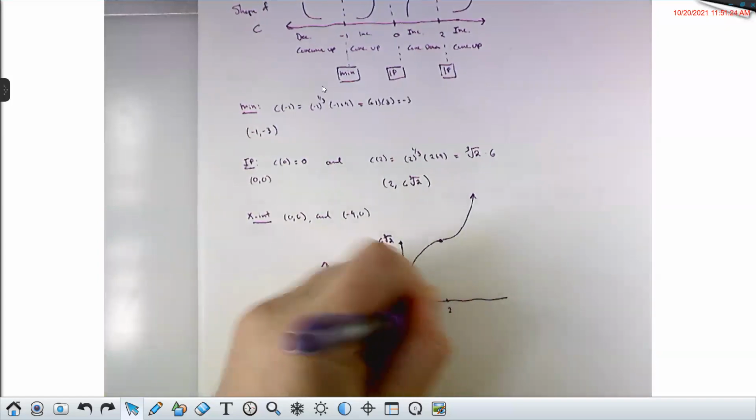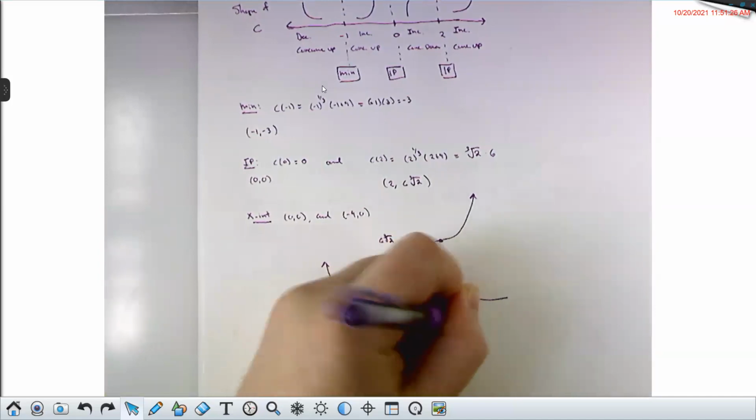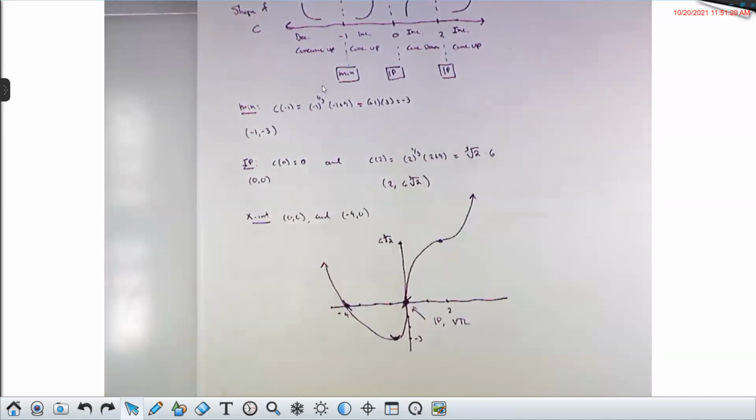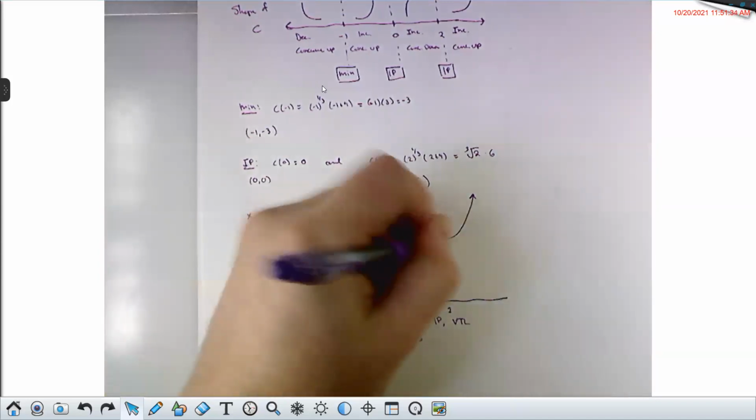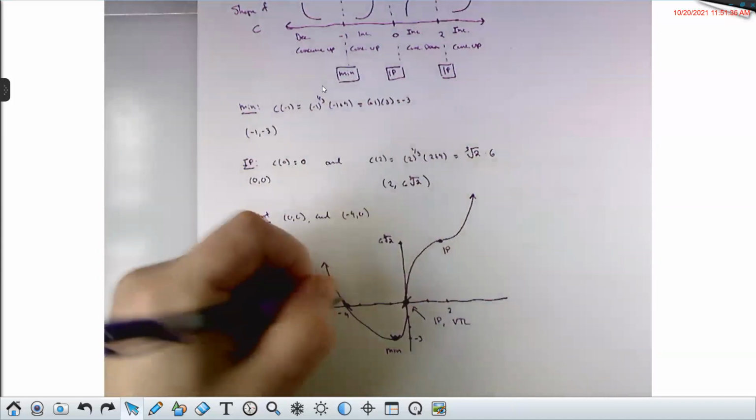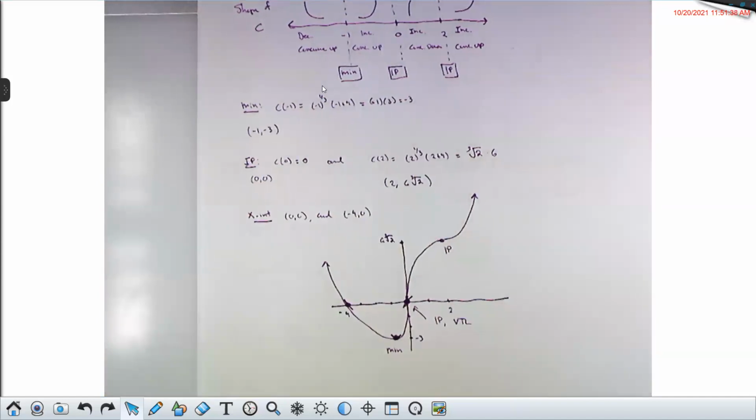So this point in here is an inflection point and a vertical tangent line. This point right here is a min. This one is an inflection point. And that would be a nice solid graph.